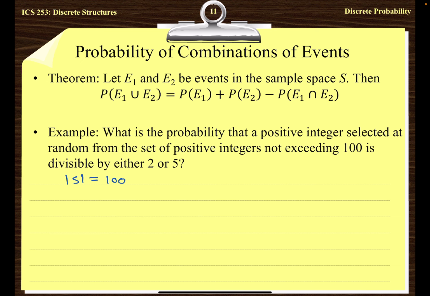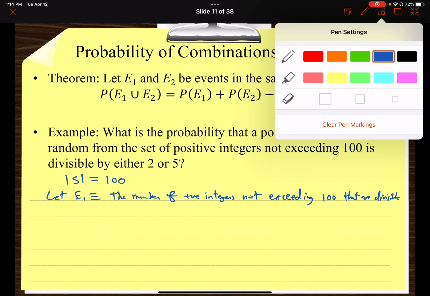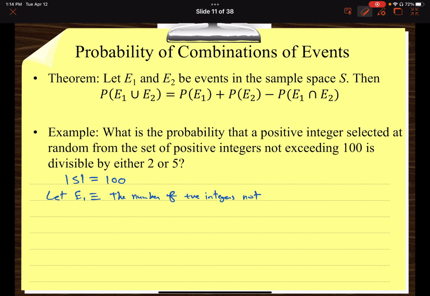So let E1 be the number of positive integers not exceeding 100 that are divisible by 2.